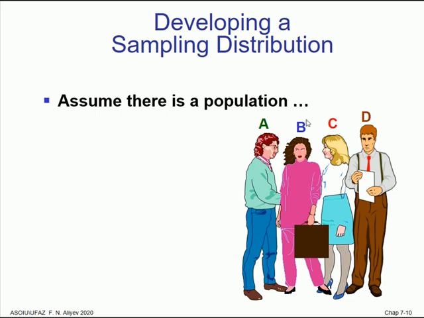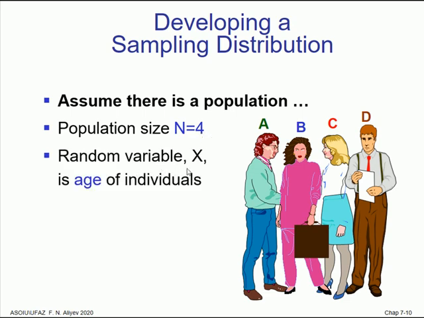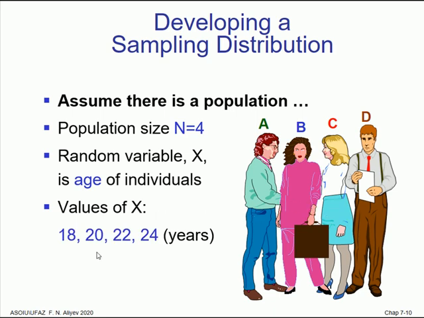Let's say we have 4 people, A, B, C, D. Population size is equal to 4, of course. Let random variable x represent the age of these people. Values of x for these people are 18, 20, 22, and 24 years.